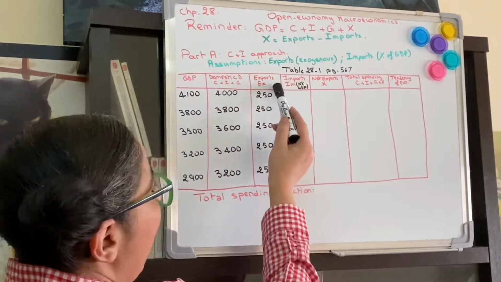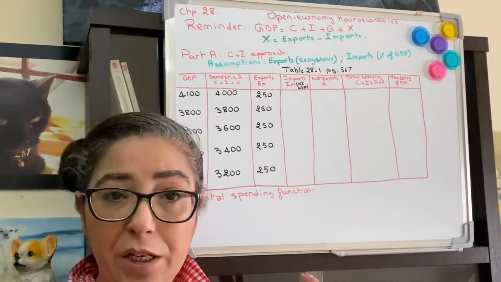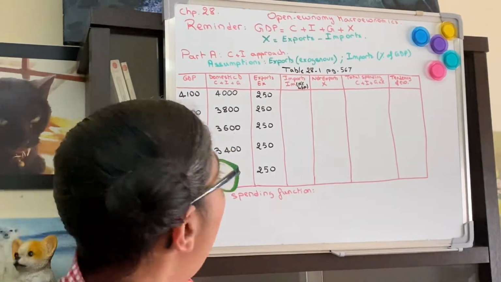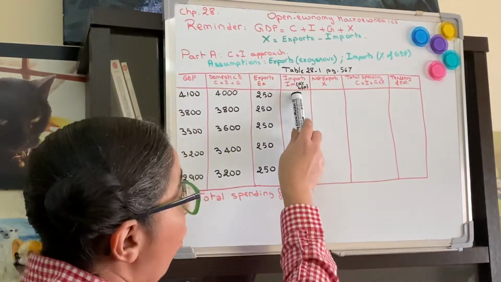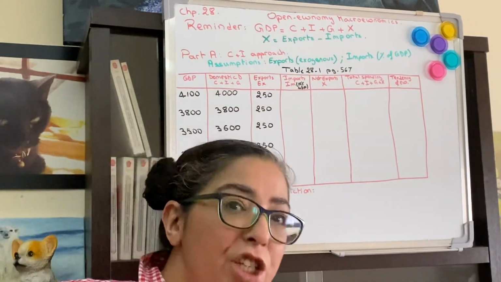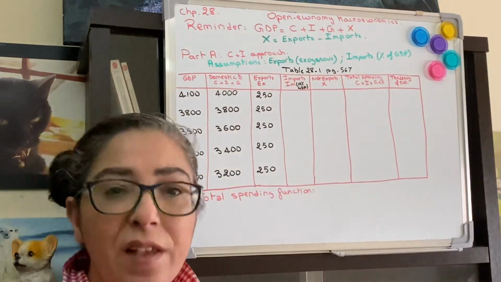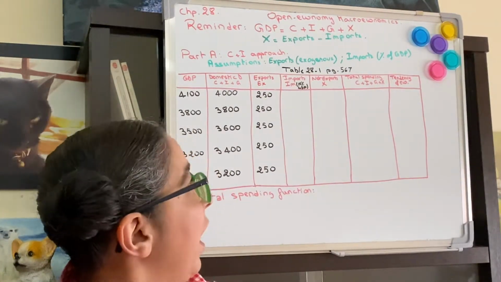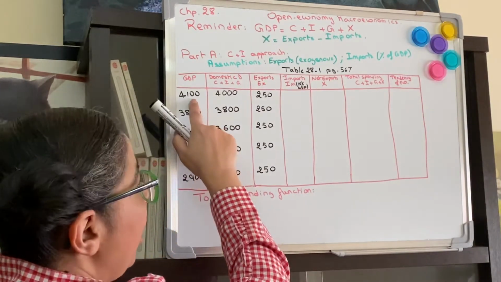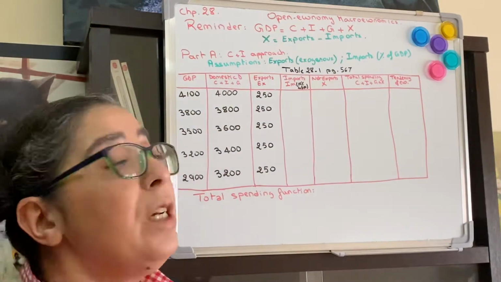Then we added exports. Here we're assuming it's 250. It's given to us, 250. But imports are a percentage of the GDP. Here in the book, they gave you the example of 10%. So simple calculation, you take the GDP and you calculate 10% of it, and it gives you the imports.